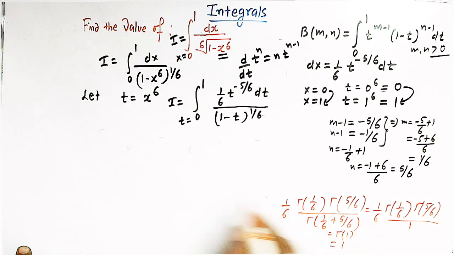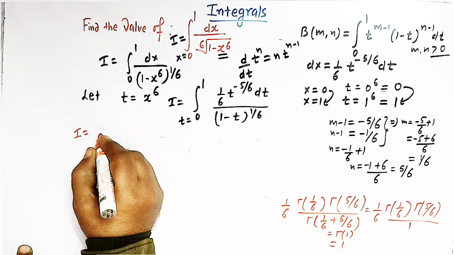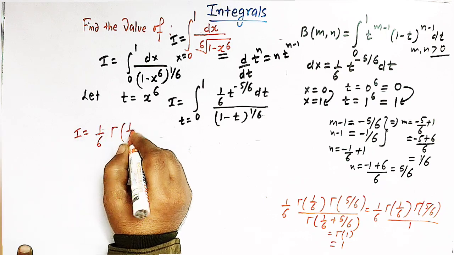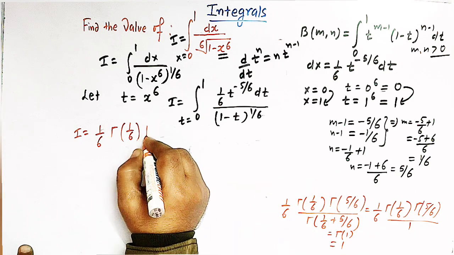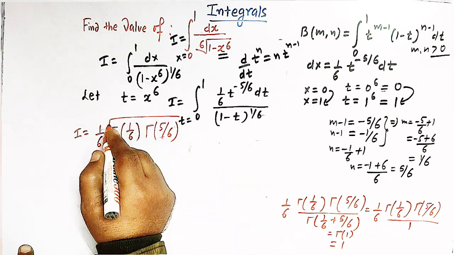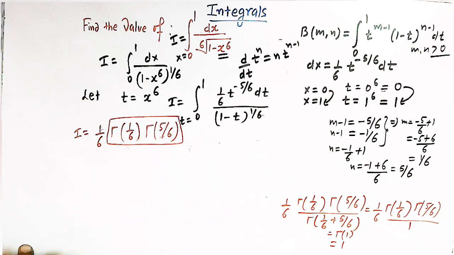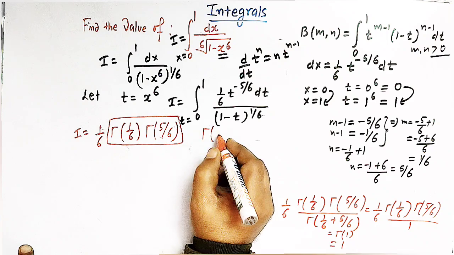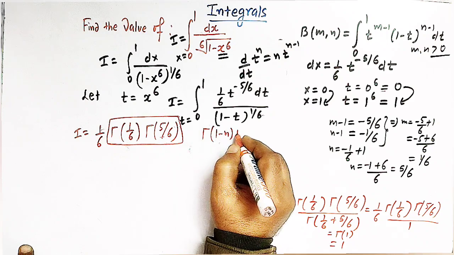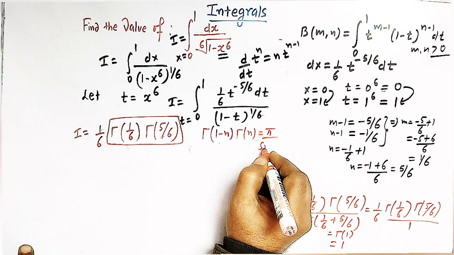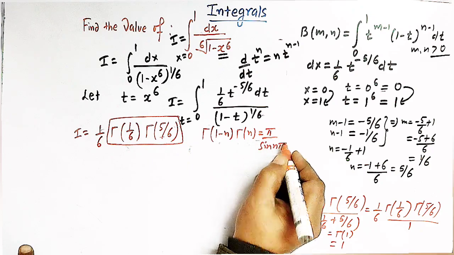So now we can write the value of the integral I as 1 over 6 gamma 1 over 6 and gamma 5 over 6. Now to get the value of this expression, we have to make use of the famous Euler's reflection formula. And the reflection formula goes like this: gamma 1 minus n times gamma n is equal to pi divided by sine n pi. Right?